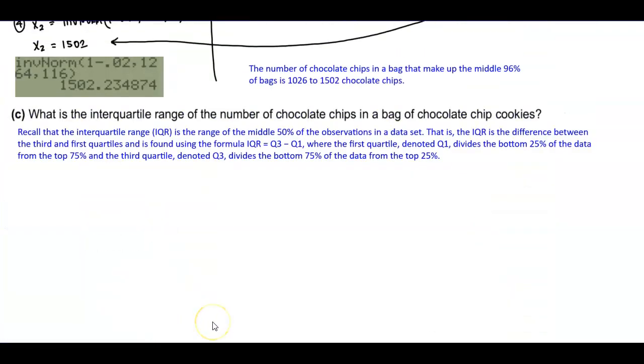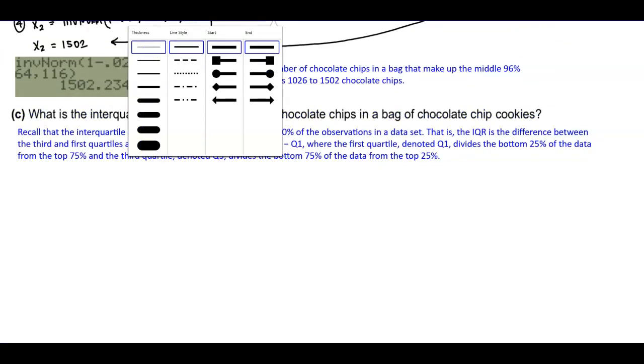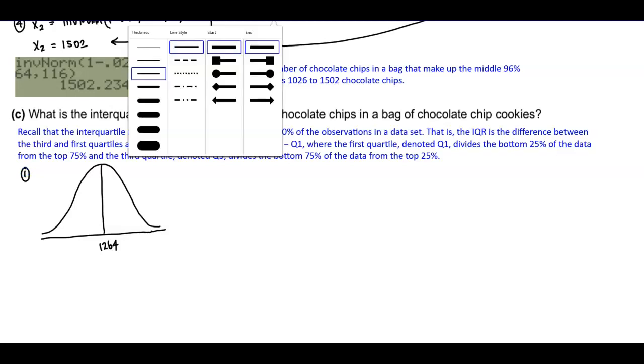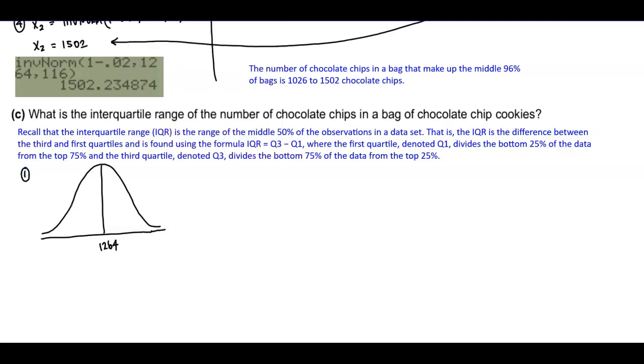Okay, so what that means is, let's go ahead and draw that using our bell curve. So if we have a bell curve, and again, we know that the mean of this is 1264. Okay, so we know that this represents quartile 1, and that's the bottom 25%. So this is 0.25.